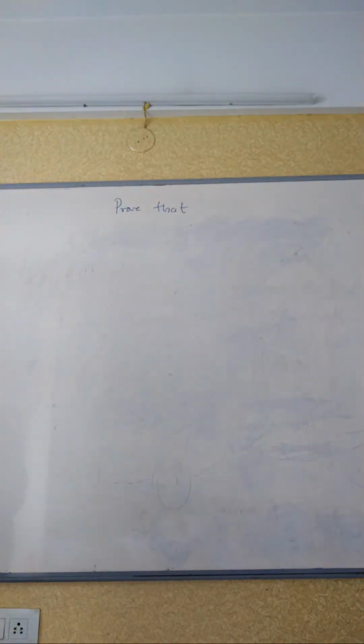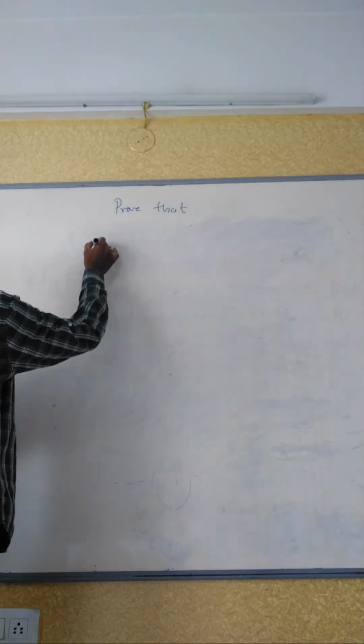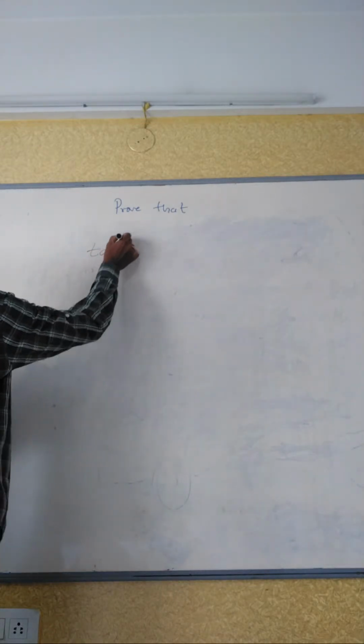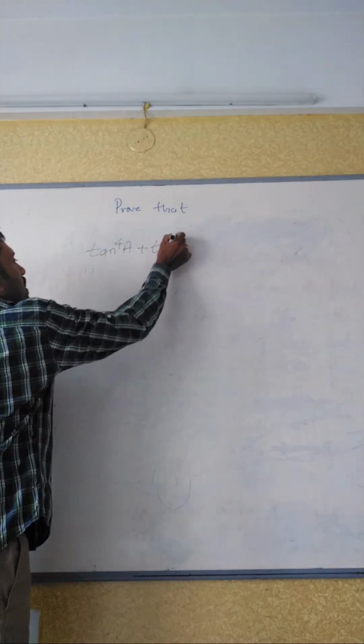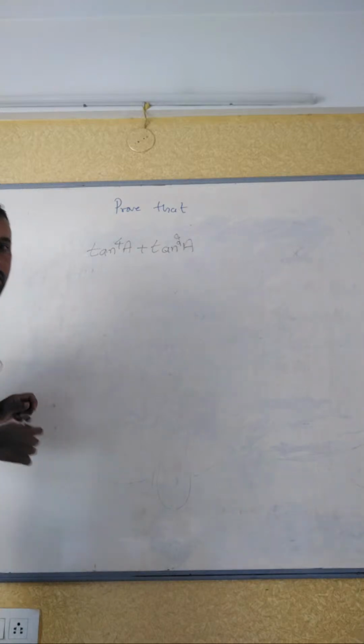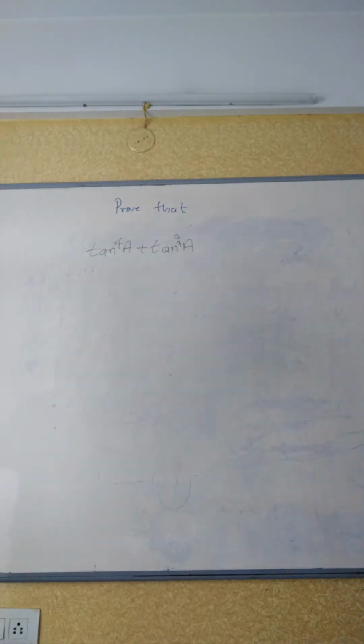Tan to the power 4a plus tan square a is equal to secant to the power 4a minus secant square a.